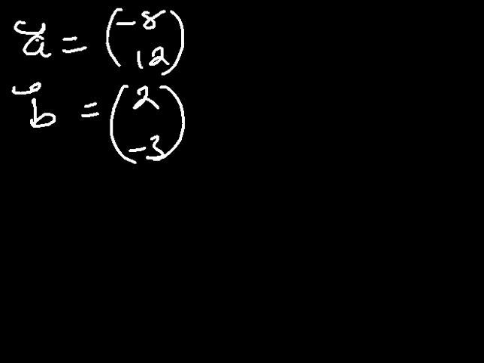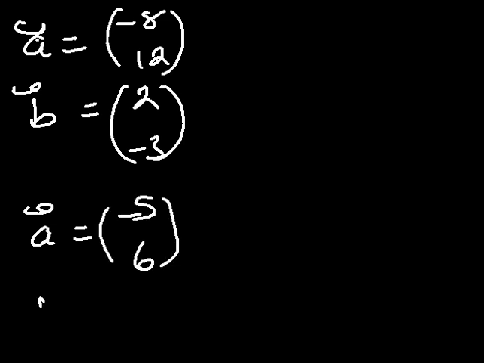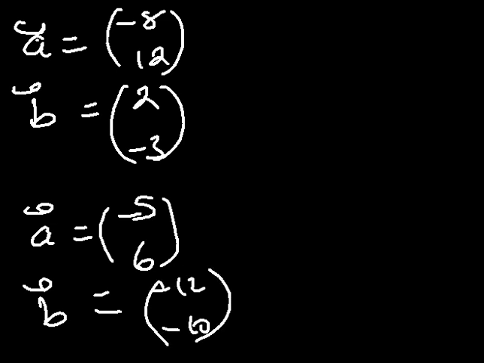And also try this one as well. Let's say we have a vector a, that is (-5, 6), and then we have the vector b, that is given as (-12, -10). Show whether those two vectors are parallel vectors or not.